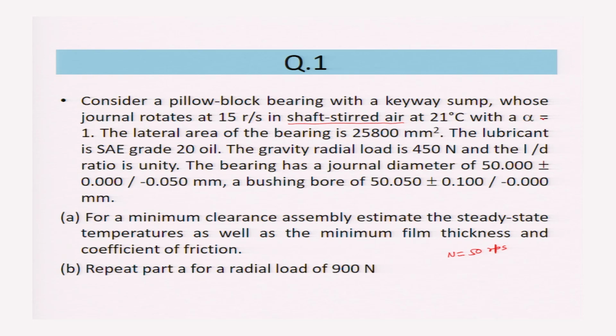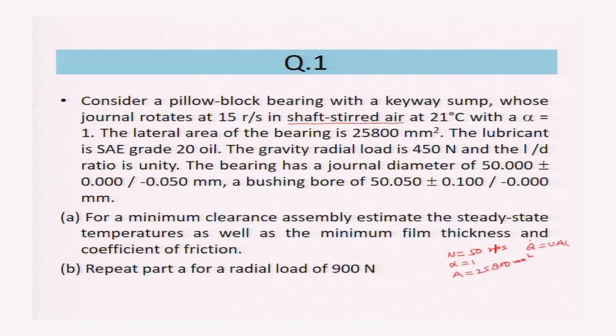With alpha equal to 1, the lateral area of the bearing is 27800 mm square. The lateral area, to get the value of Q dot loss, it is UA times T_B minus T infinity, and so the lateral area is given by 25800 mm square.